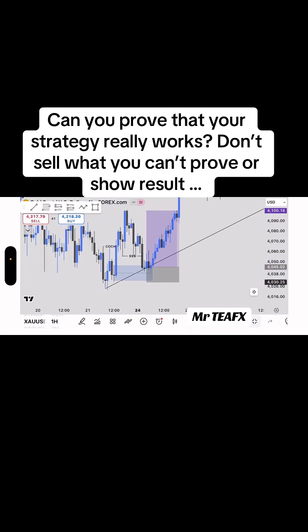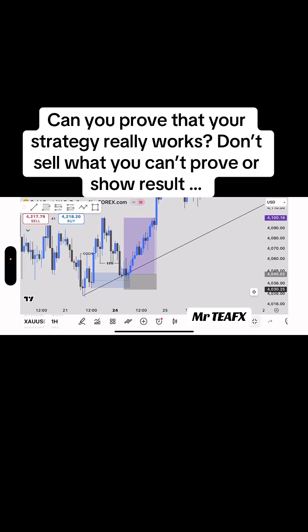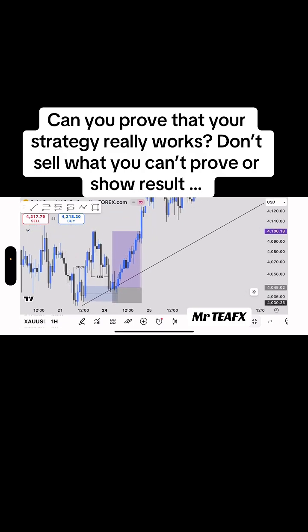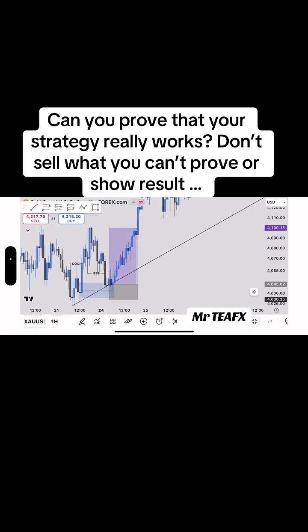Now you can see that once the market did that, the market broke this high, creating a break of structure to the upside. This now confirms that the market has fully changed direction to the upside.